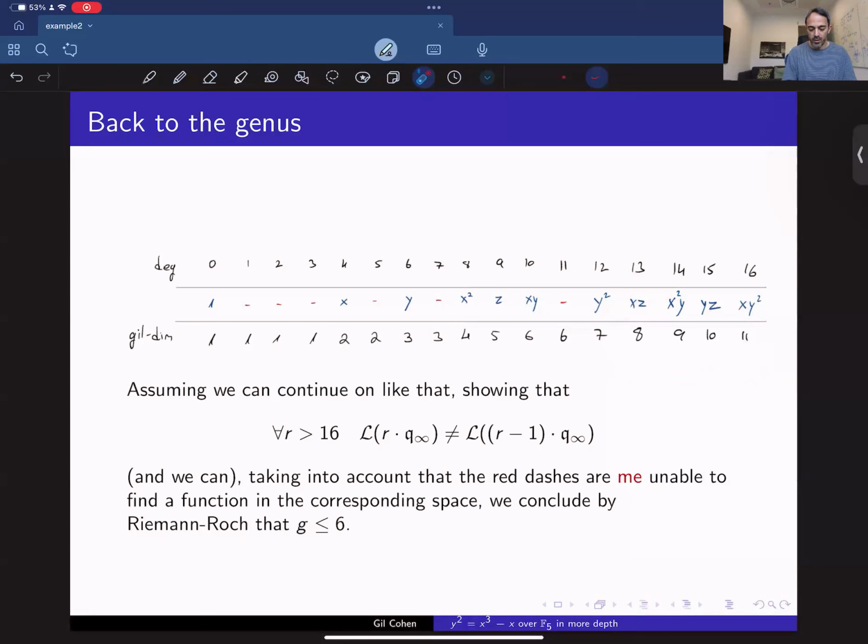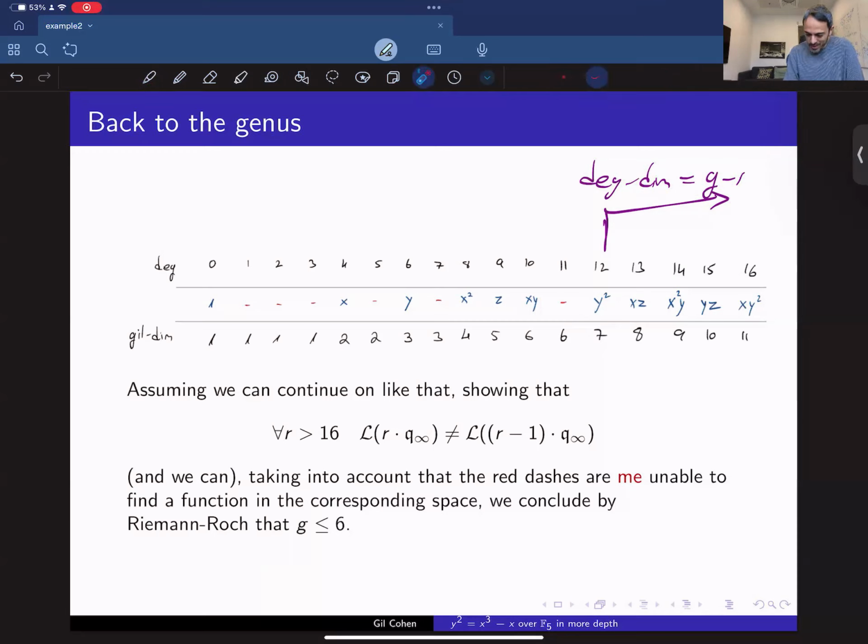Then by Riemann-Roch, we know that the genus must be at most 6, right? Because Riemann-Roch tells us that from some point on, turns out at this point in this case, you can always fill things up. So it means that the degree minus dimension is G minus 1.